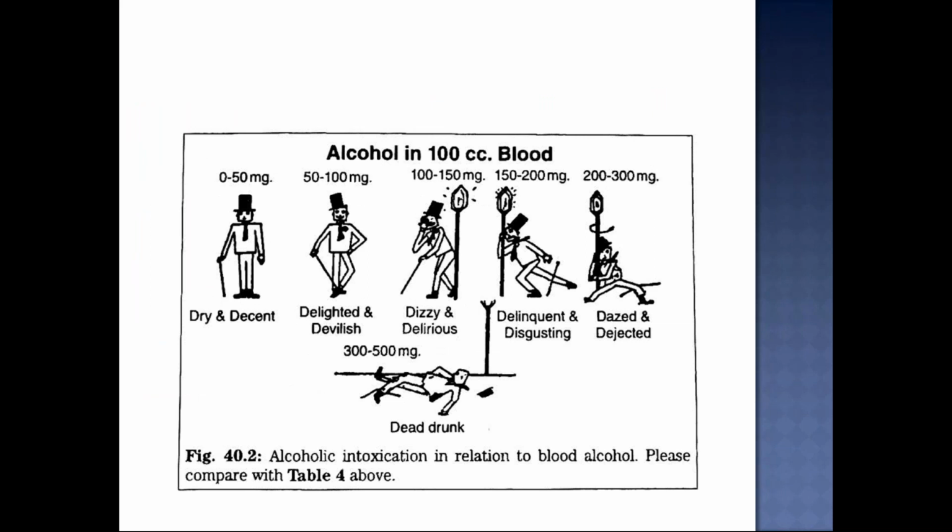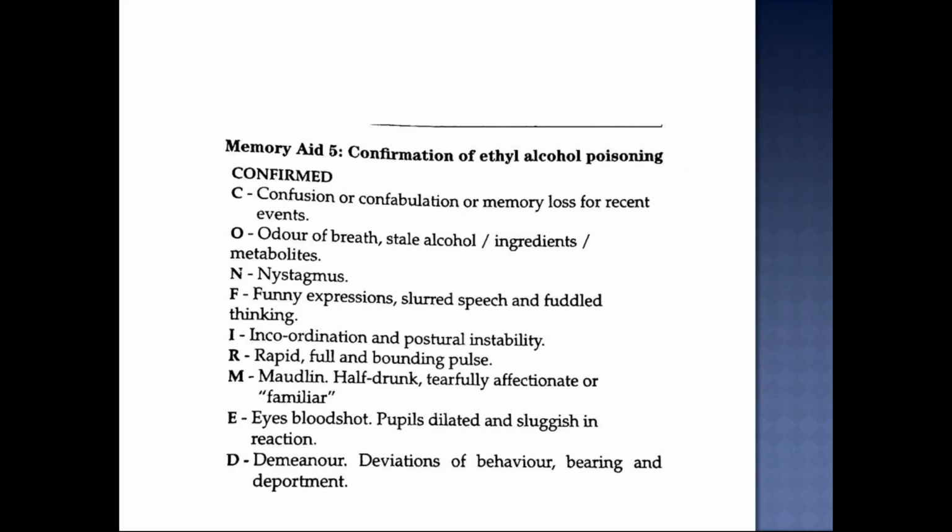In clinics, we will not use the breath analyzer. We can take the blood sample and send it to the forensic laboratory to analyze the blood alcohol concentration. But clinically, we have to assess at what stage of alcohol intoxication the person is, so that we can give treatment to him, whether he can be put in a jail or whether he should be treated in the hospital.